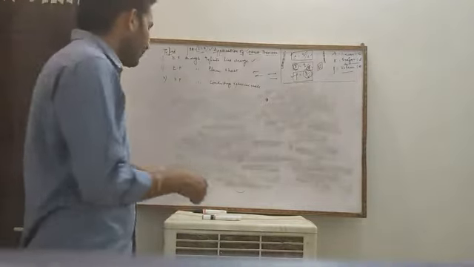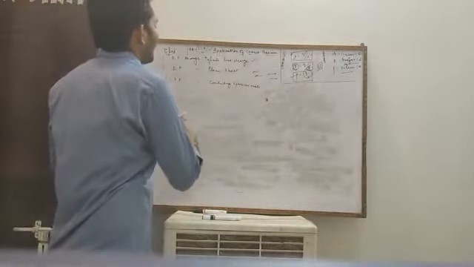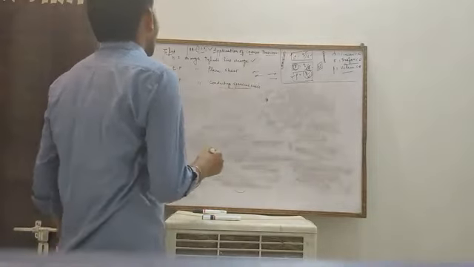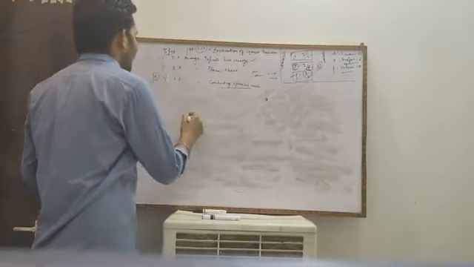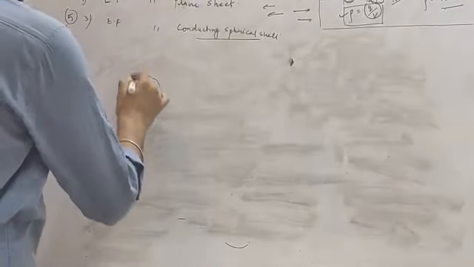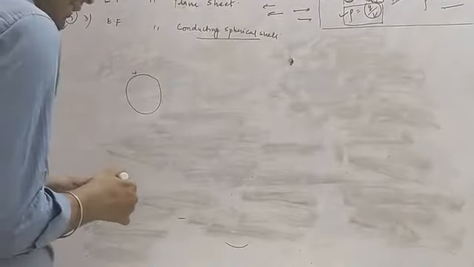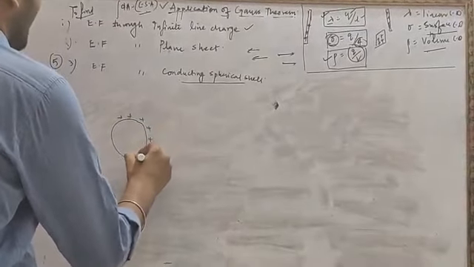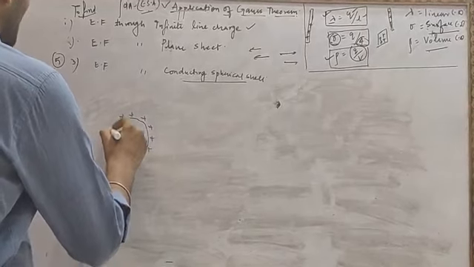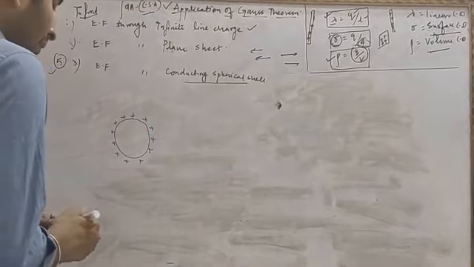So the next topic is electric field through a conducting spherical shell. This question can be asked for 5 marks. Suppose we have taken a thin conducting spherical shell and the charges are distributed at the boundary of the shell.